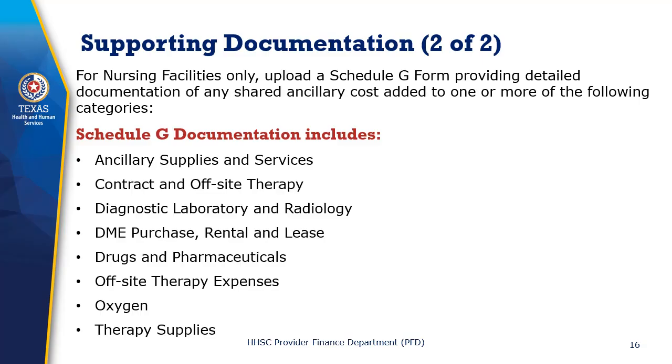Additionally, costs related to DME purchase, rental and lease, as well as drugs and pharmaceuticals, must also be documented with Schedule G materials. Off-site therapy expenses, oxygen, and therapy supplies are other categories that require corresponding Schedule G documentation for verification. For further clarity and detailed examples of the necessary Schedule G documentation, please consult the cost report instructions provided.